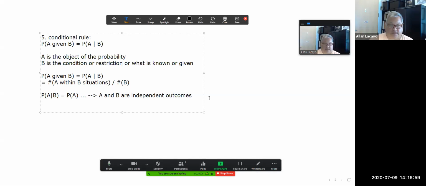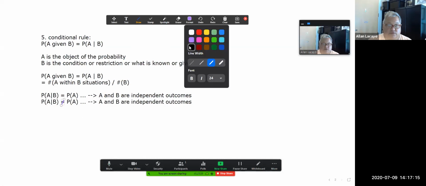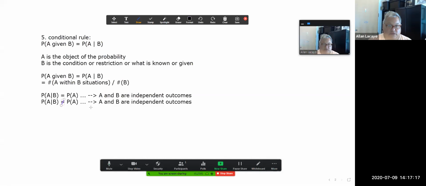And it could be the case that the opposite is true, that the probability of A given B is not equal to the probability of A. And when they are not equal to one another, we say that A and B are so-called dependent outcomes.